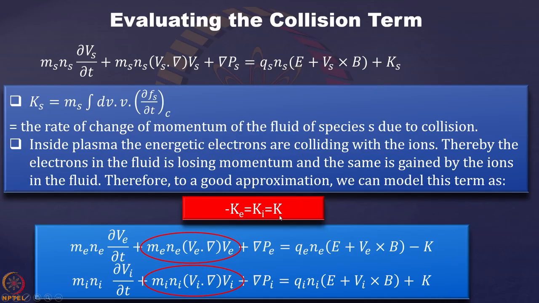We have taken that Ki will be K, as I explained to you just a little before. So these are the expressions, one for the electrons momentum and another for the ions momentum.